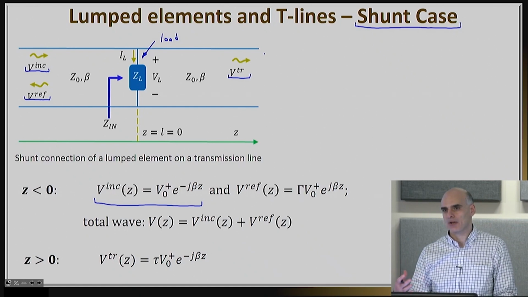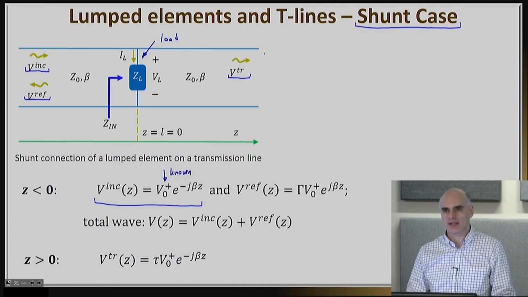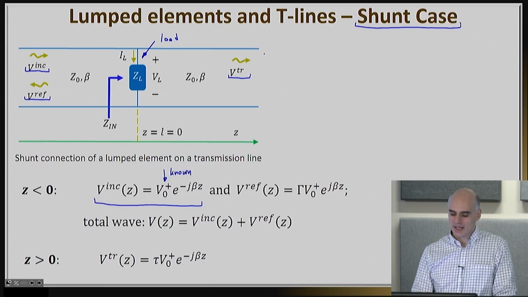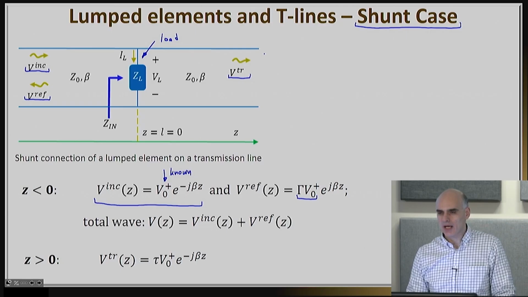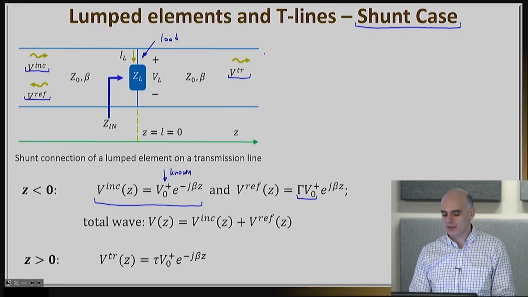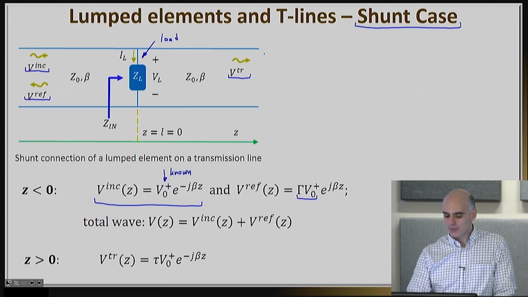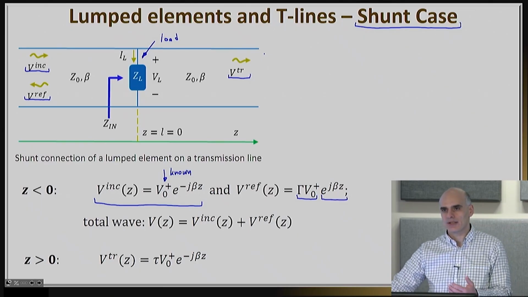We're now again in the lossless regime, where this V0 plus is assumed to be known, and it is the wave that has been launched from the left-hand side. The reflected wave is propagating towards the negative z-axis, so it's going to have a magnitude which we assume to be gamma, some type of reflection coefficient, times the incident magnitude, V0 plus, and we will have the e to the j beta z, which is the phase constant as the wave is propagating to the negative z.